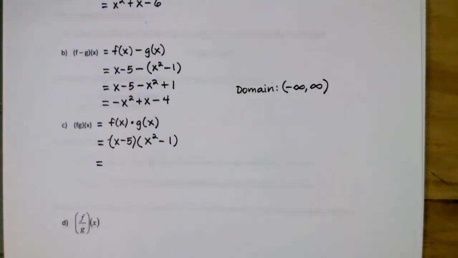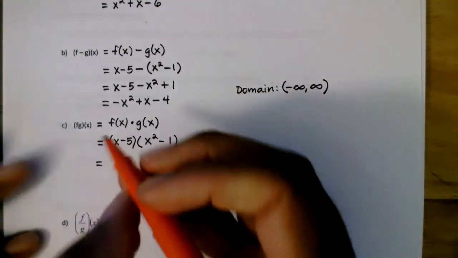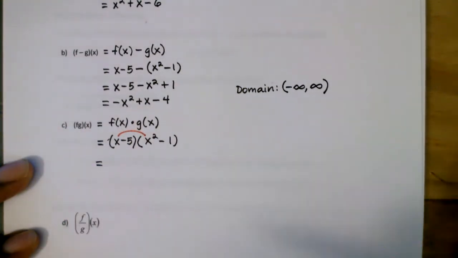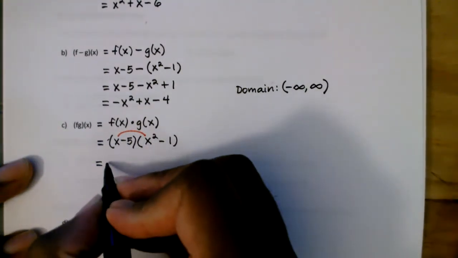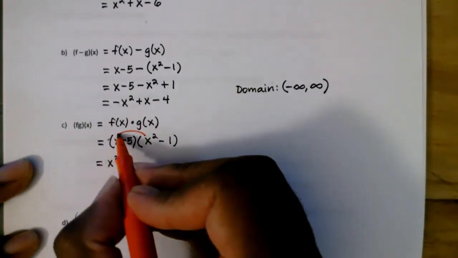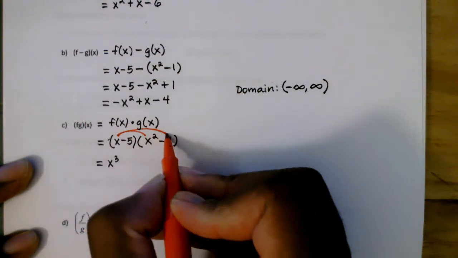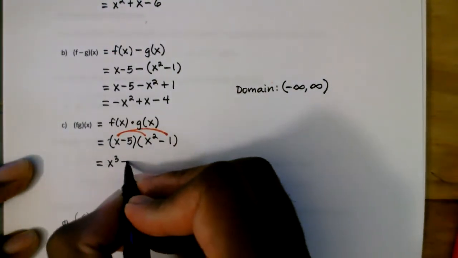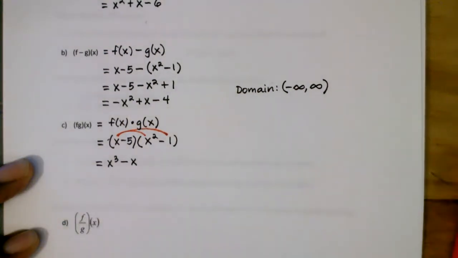And now we're going to use the FOIL method since we're multiplying two binomials here. And that's this, x times x squared. That's the first times the first. X times x squared, that will be x cubed. And then we multiply the outer, x times minus 1 will be a minus 1x, so just minus x.